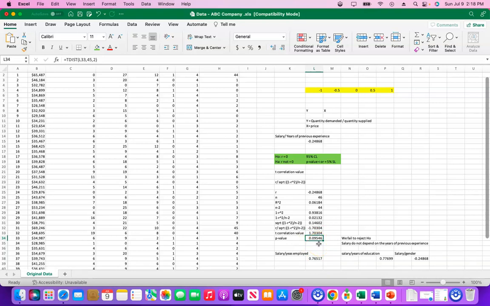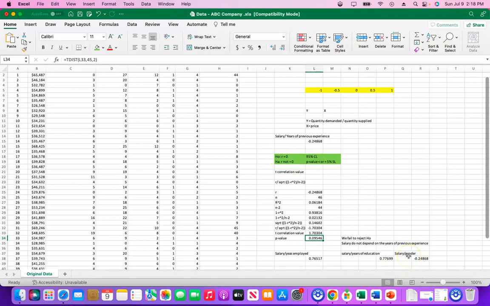In this case, you can see that this correlation is not significant, because the probability value of this correlation is greater than 0.05. Therefore, this correlation is not significantly different from 0.